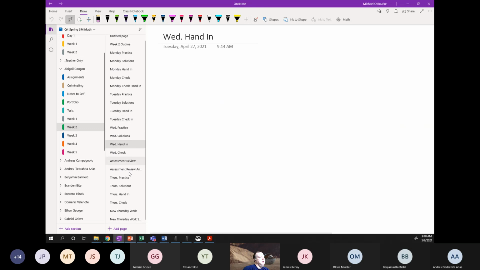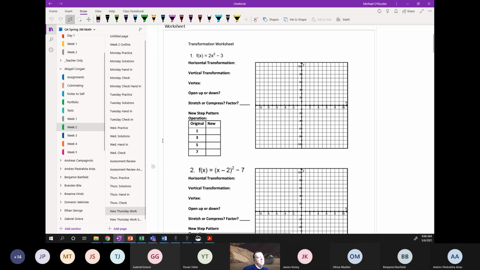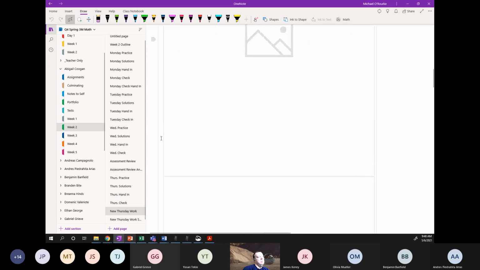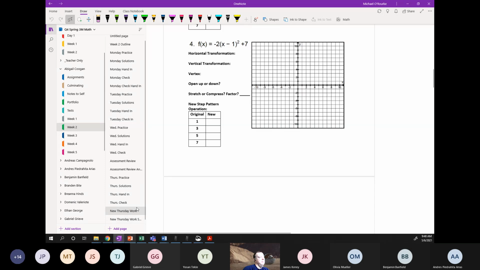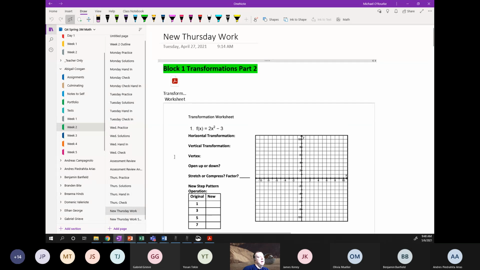Don't go to Thursday's homework. See where it says new Thursday homework? That's what we're going to work from today, because I've moved everything there. Still do your hand in Thursday, but new Thursday homework.